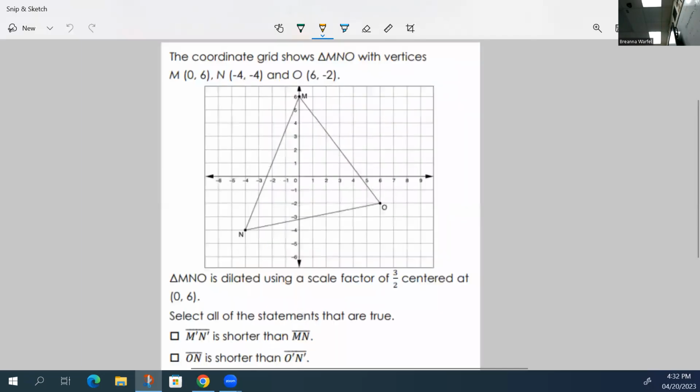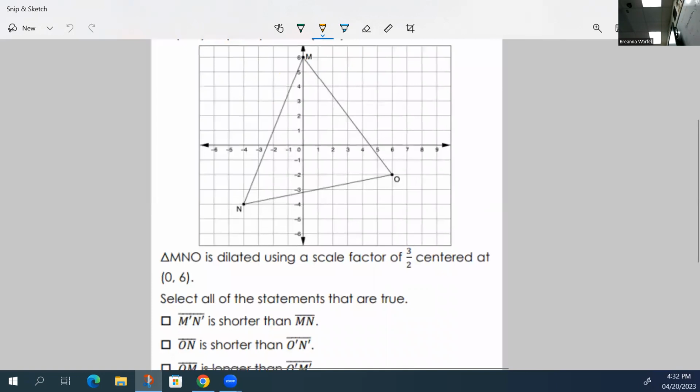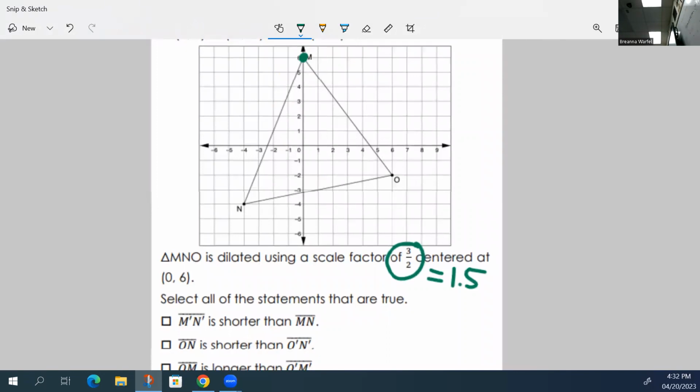They give you MNO, and they want to dilate it about this point, which happens to be M. You're dilating by a scale factor of 3/2, which is greater than 1. If you divide that, you get 1.5, so this shape is going to be 1.5 times as big.